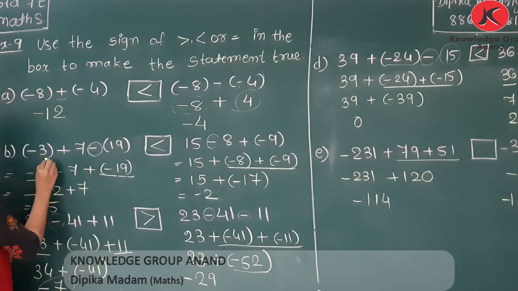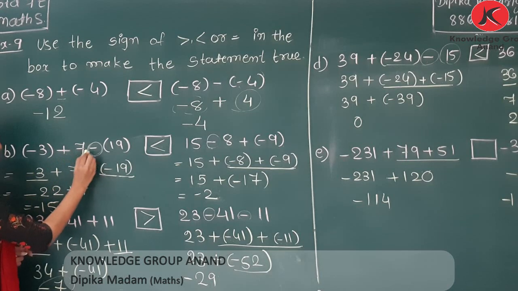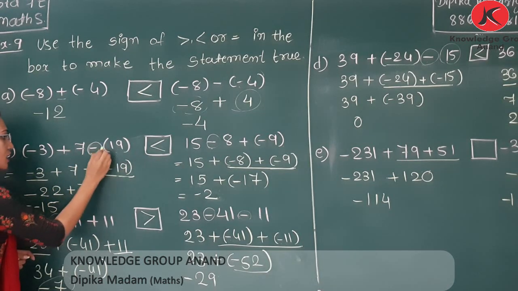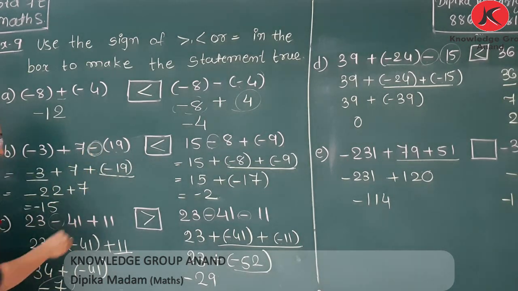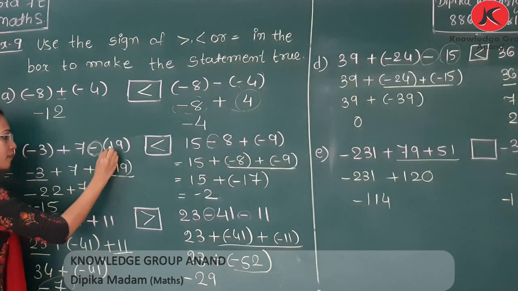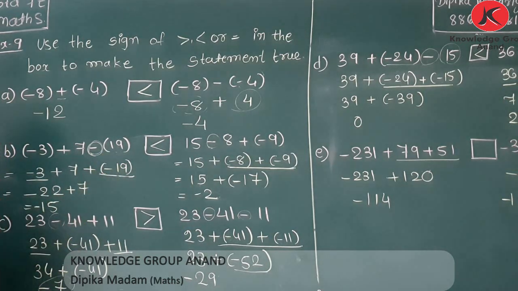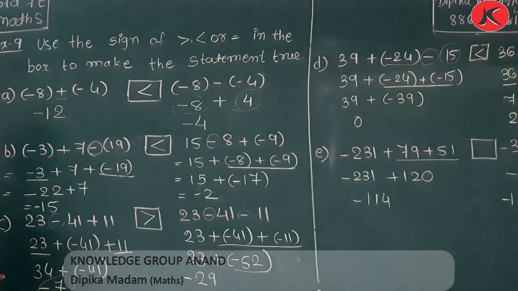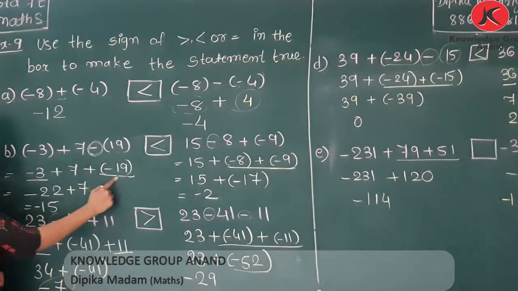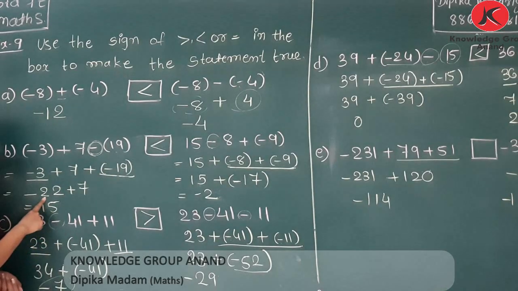Second example, -3 plus 7 minus 19. This is the sign of subtraction. So subtraction becomes addition. 19 becomes -19. Now -3 and -19 both are numbers with the same sign. -3 and -19 become -22. Why?